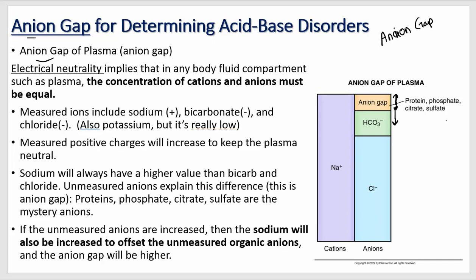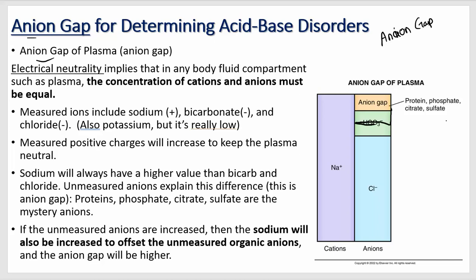That's an indication, especially if the blood pH is off, that we have a metabolic situation causing a buildup of these organic anions. So that's going to increase our anion gap.